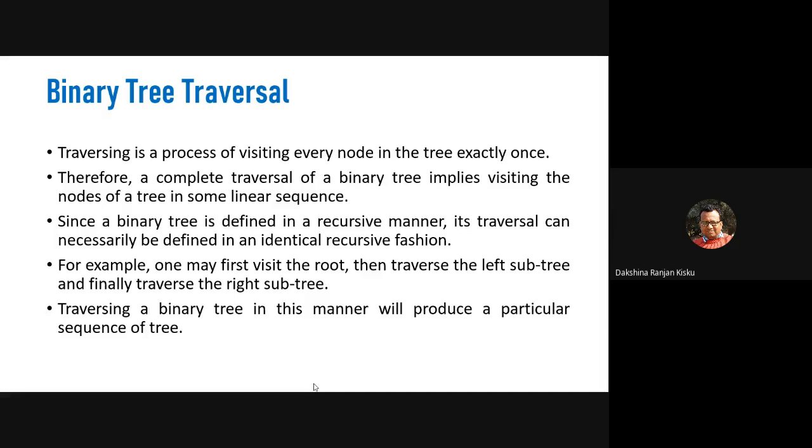Since a binary tree is defined in a recursive manner, its traversal can necessarily be defined in an identical recursive fashion. As we know from the definition of a binary tree, it is defined recursively, so its traversal can also be defined in a recursive fashion.